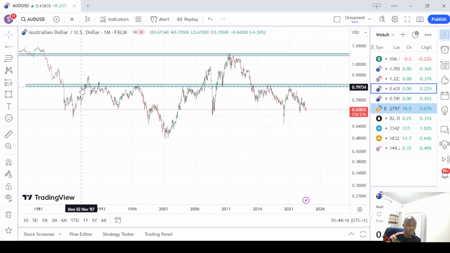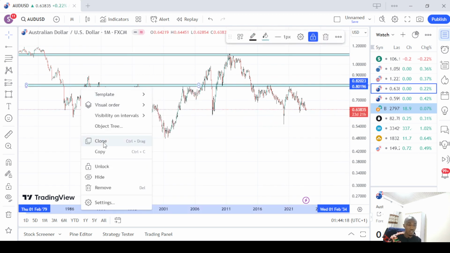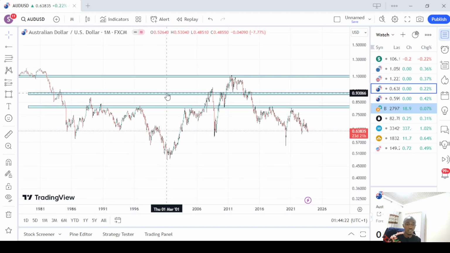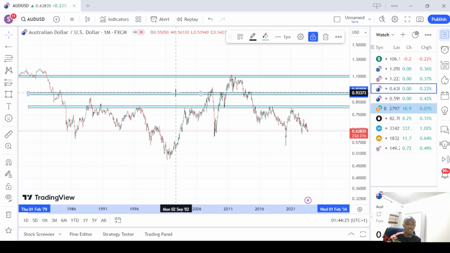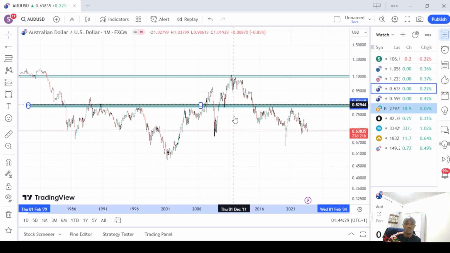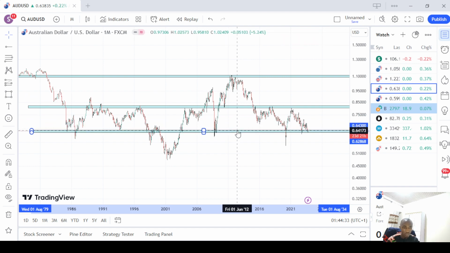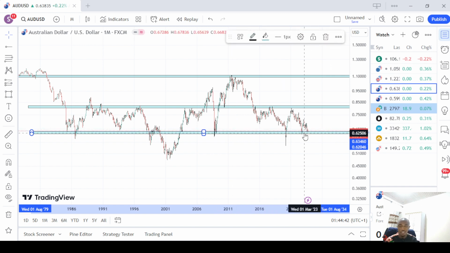So one last, let me clone this, let me unlock and take it down here. So price is at the level.